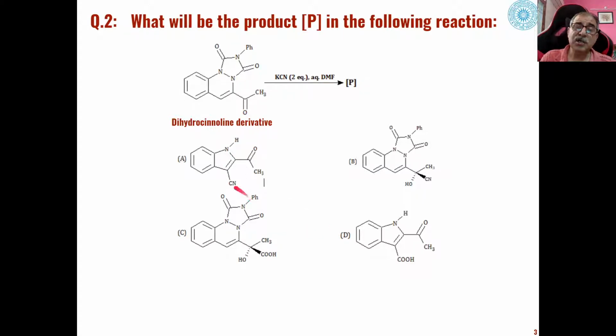Out of these 4 products, either we can have dihydrocinnoline derivatives as products, or indole derivatives as product, as has been shown in these 4 choices given to you.